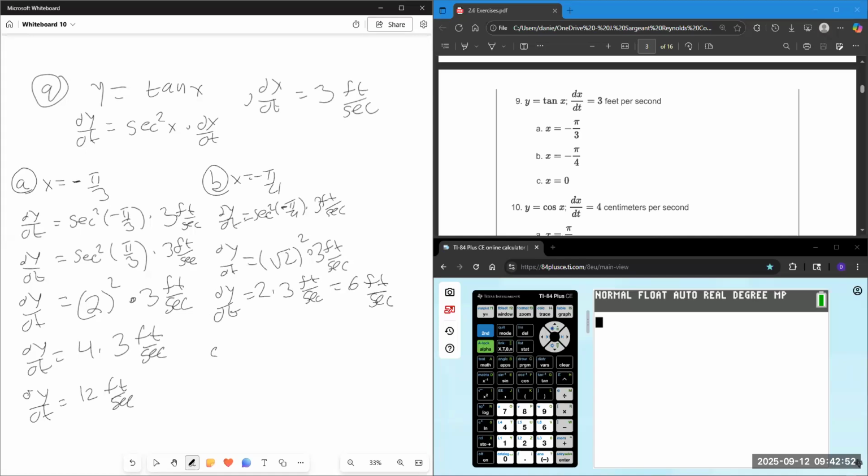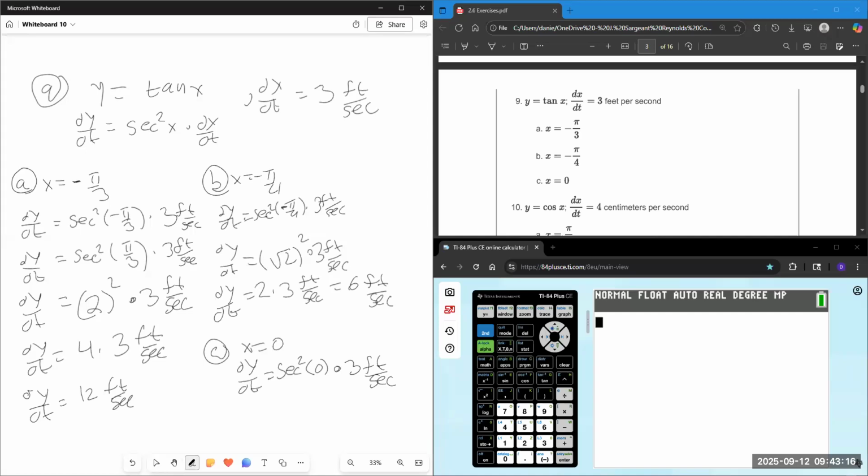Part C down here is x equals 0. So dy/dt is equal to secant squared of 0 times 3 feet per second. Cosine of 0 is 1, and the reciprocal of 1 is 1.